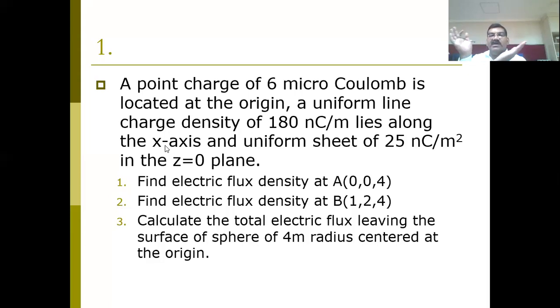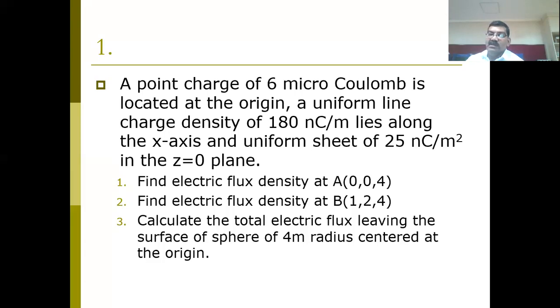So 4 meter from the center, 4 meter this side, 4 meter this side, 8 meter. So 180 into 8, plus the area, that is pi r square into 25.